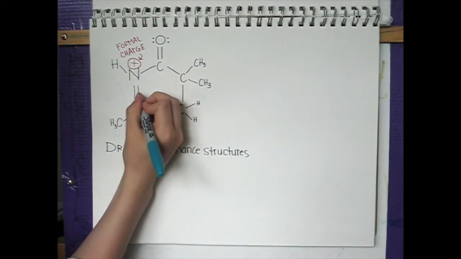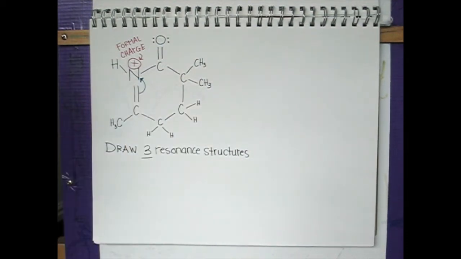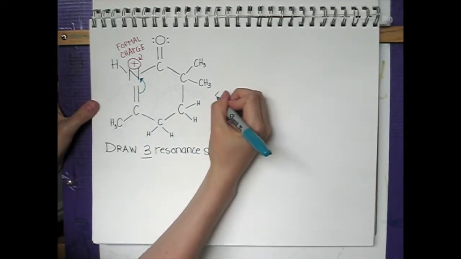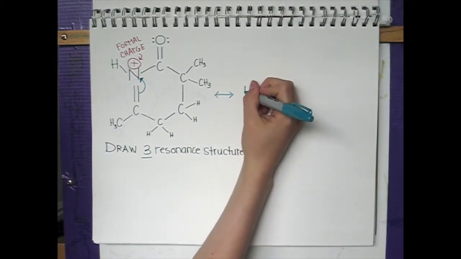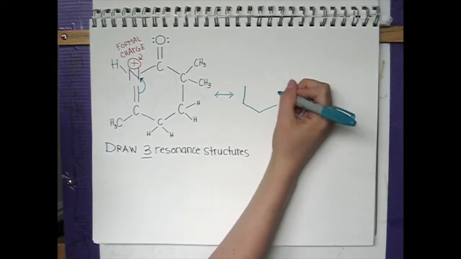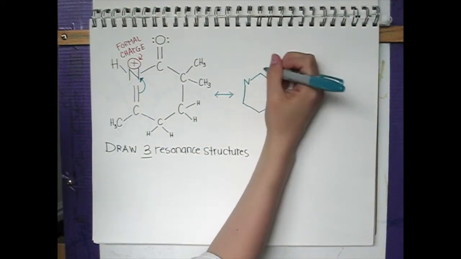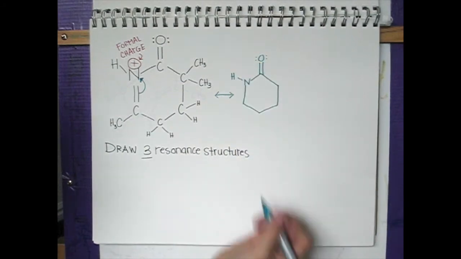So the double bond right below the nitrogen could give the nitrogen some electrons, but then it's going to take electrons from carbon. So redraw your structure. Don't lose any atoms, or electrons.